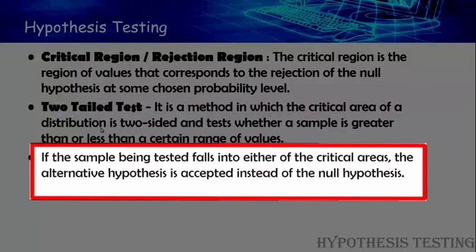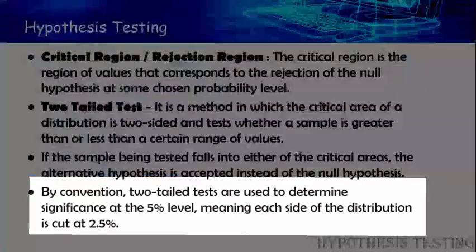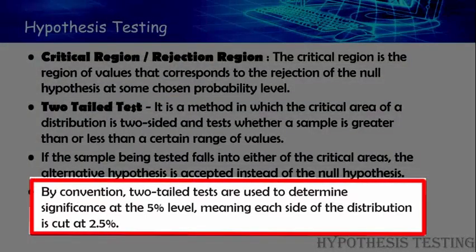If the sample being tested falls on either of the critical areas, the alternative hypothesis is accepted instead of the null hypothesis, the same as in the one-tailed test. Two-tailed tests are used to determine significance at a level of around 5%, meaning that each side will be around 2.5%.